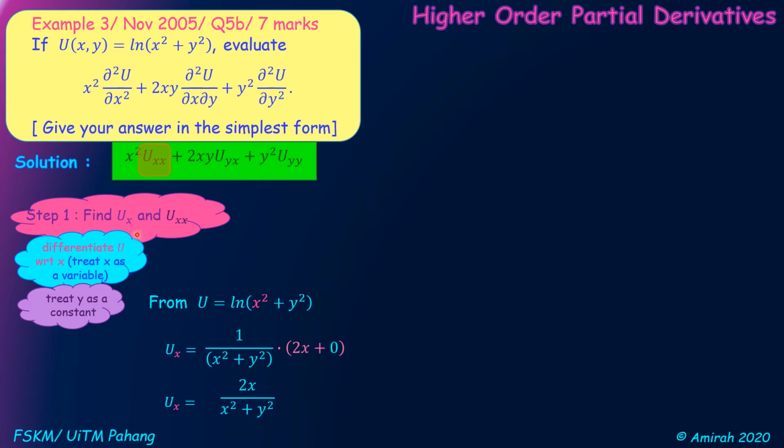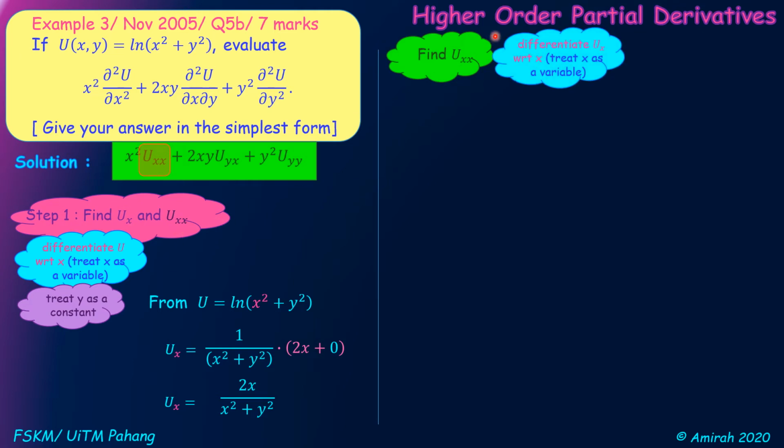Alright, after we find u_x, we can find u_xx. u_xx means we differentiate u_x with respect to x. We treat x as a variable, and we treat y as a constant. To find u_xx means we need to differentiate u_x. Okay, u_x equals 2x over x squared plus y squared.